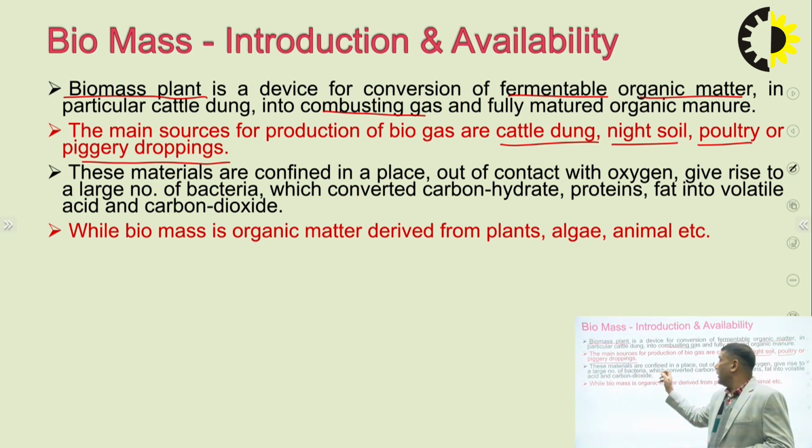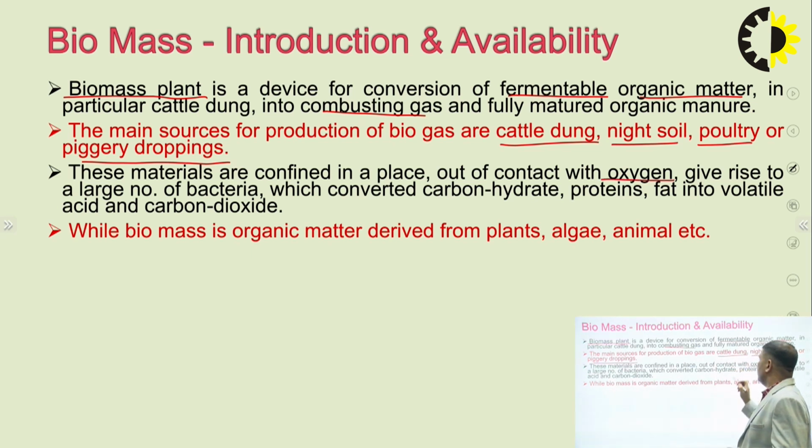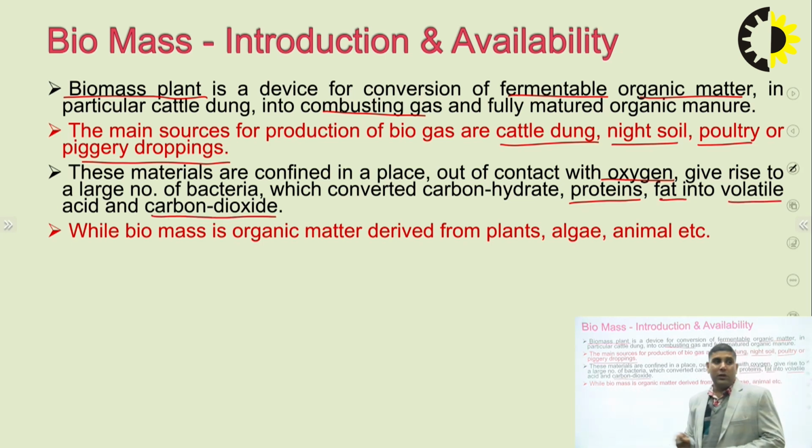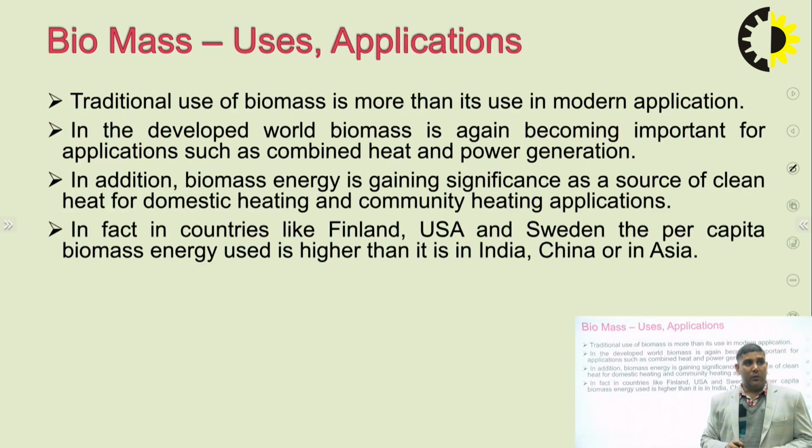These materials are confined in a place out of contact with oxygen, giving rise to a large number of bacteria which convert carbohydrates, proteins, fat into volatile acid and carbon dioxide, CO2 basically. While biomass is an organic material which is derived from plants, just like algae, and animals, etc. So this is a brief introduction and availability about the biomass.